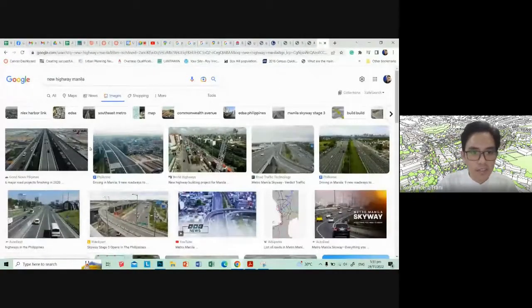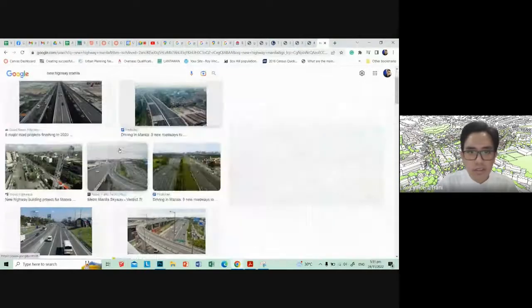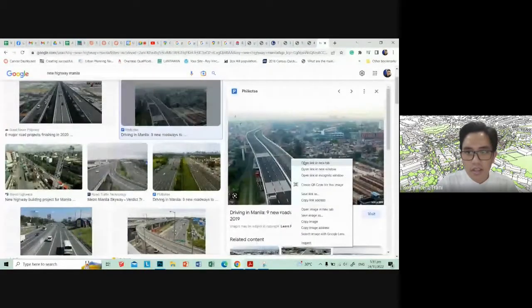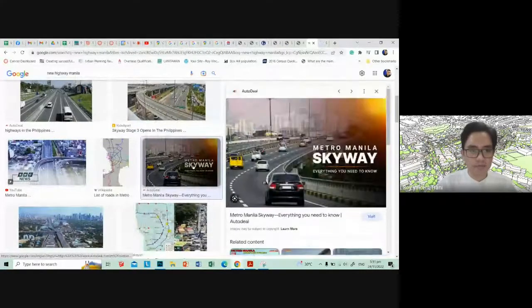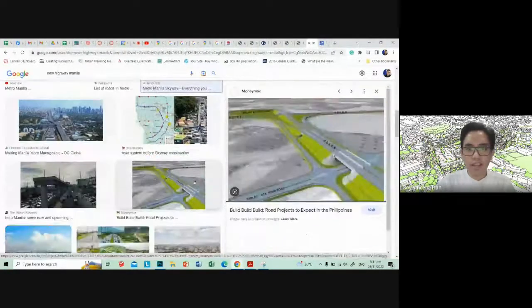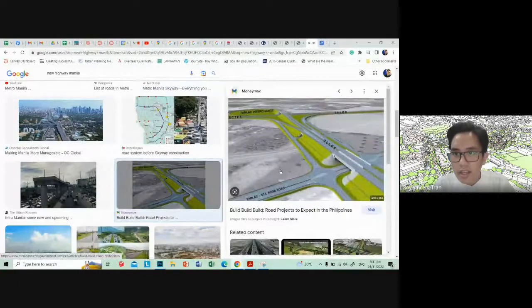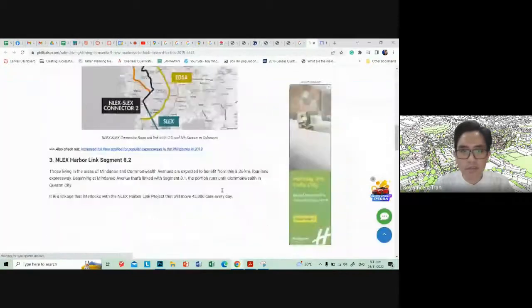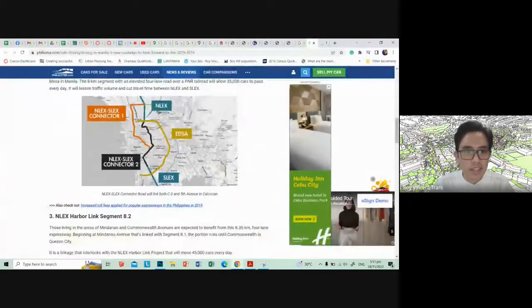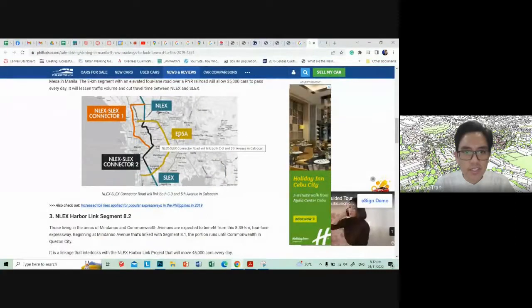I think this is it. Okay, Manila Skyway, I think something like that. Build, blah, blah, blah. So just take a quick look here. My tabs are going crazy. I'm not sure if it was NLEX, EDSA, or SLEX.